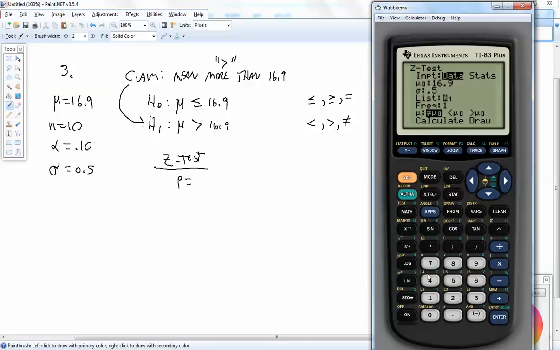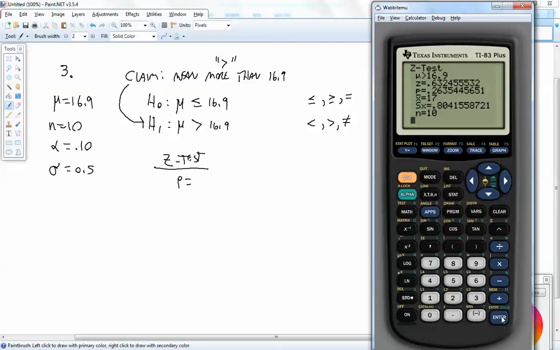If it doesn't, do second 1, and that'll put L1 there for you. Frequency should say 1. If it doesn't, press your alpha to turn off your alpha lock and then do 1. Now the symbol on H1 is a greater than. So I want to right arrow over to the greater than and press enter on it. And down arrow to calculate and press enter.